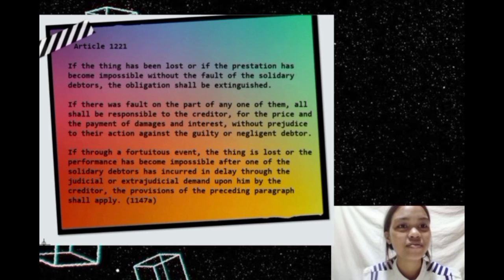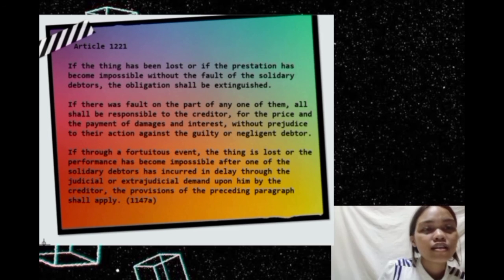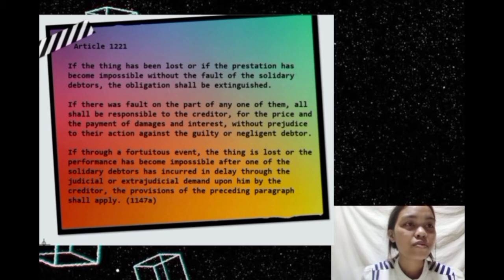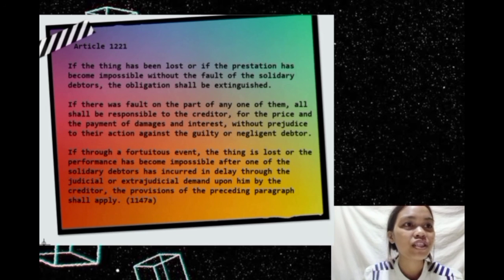For example, if Jad, Princess, and Kate promise solidarily to deliver to Dayan a particular truck valued at 15,000, the obligation shall be extinguished if the truck is lost or destroyed through a fortuitous event, without the fault of Jad, Princess, and Kate, and before they have incurred in delay.